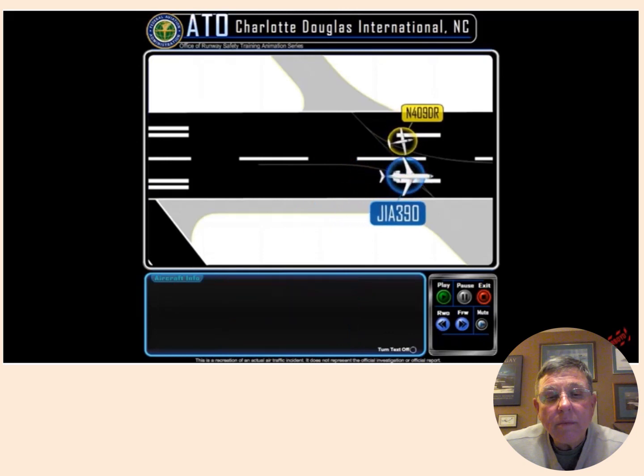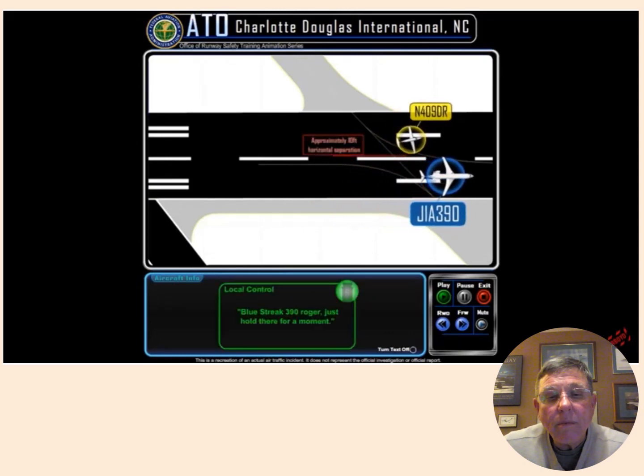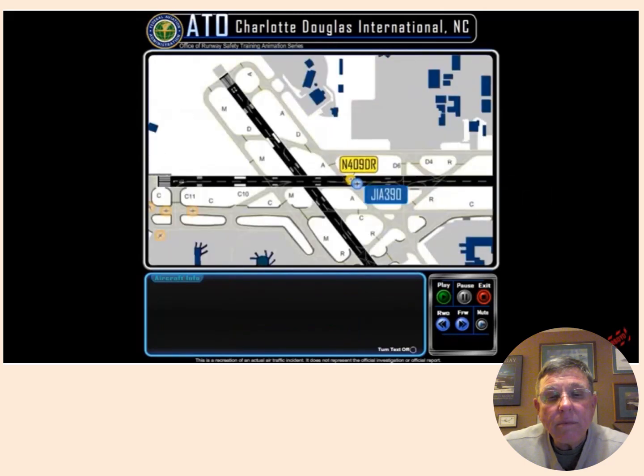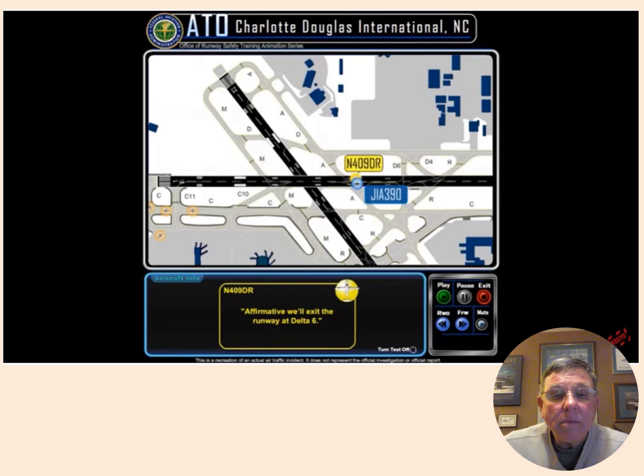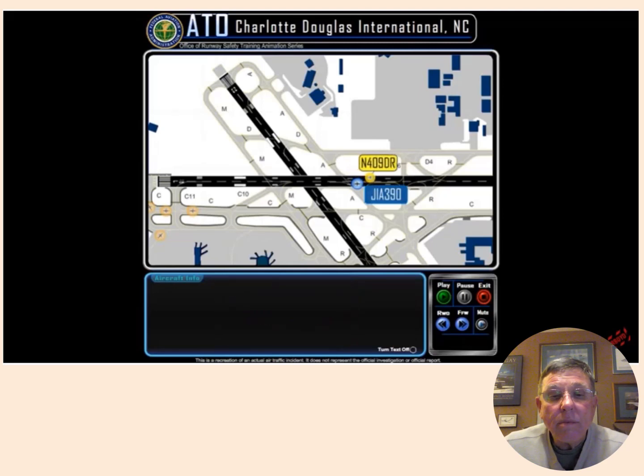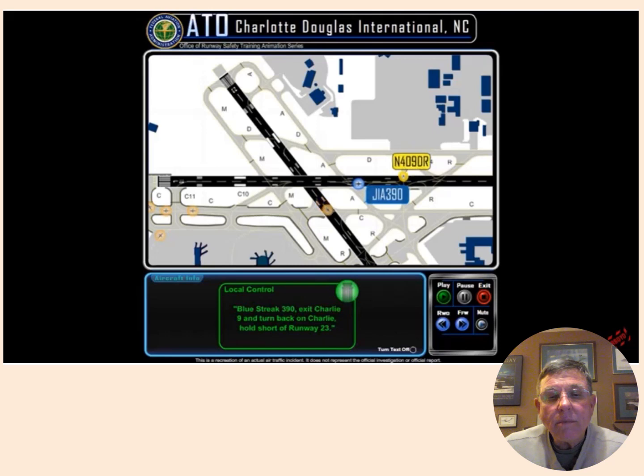Blue Streak 390, just hold there for a moment. America 3205, cleared visual 23. Blue Streak 390, we'll plan on exiting Charlie 9. Blue Streak 390, that's right, exit Charlie 9, and turn back on Charlie, hold short of 23.